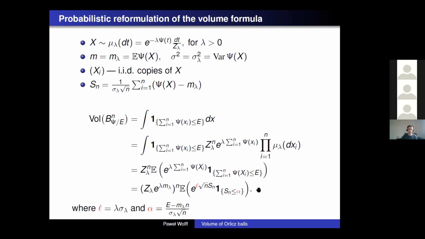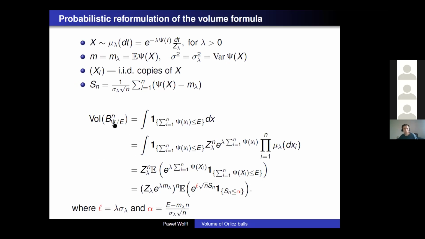If you compute, we will have lambda times sigma of lambda, which we can call L, and the level E by the indicator, because of normalizing this sum, will be now this.